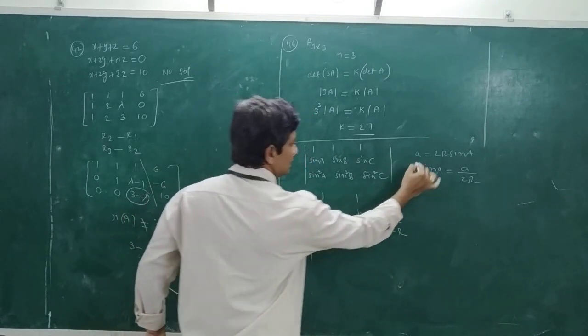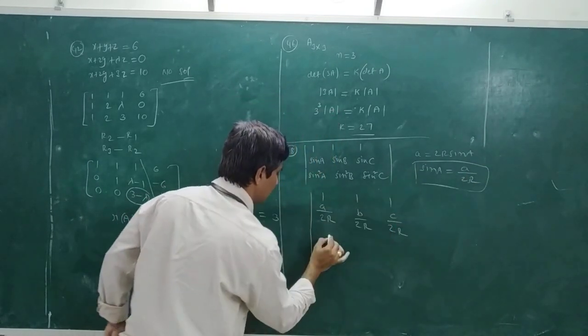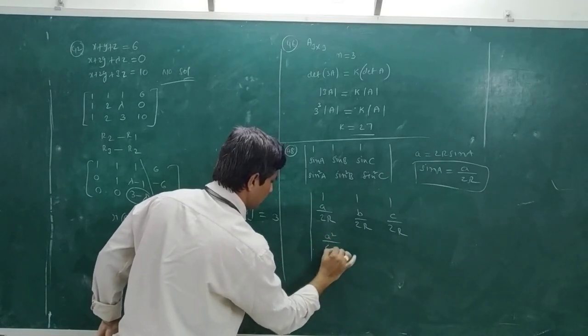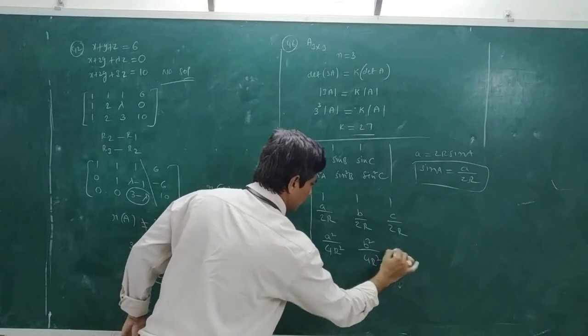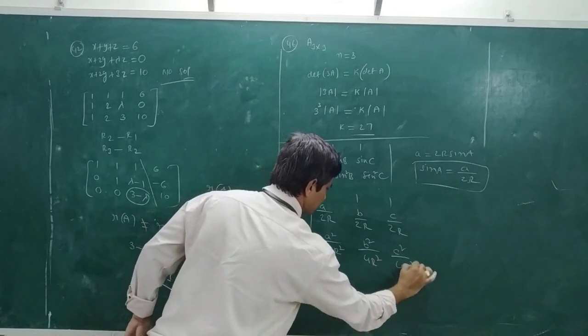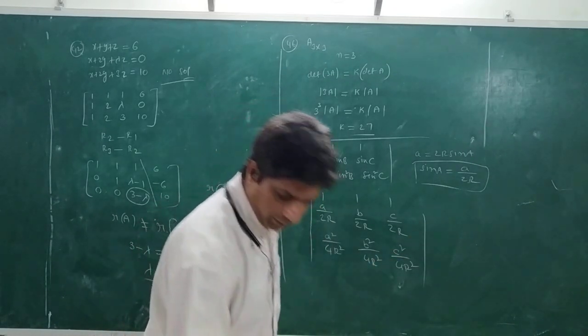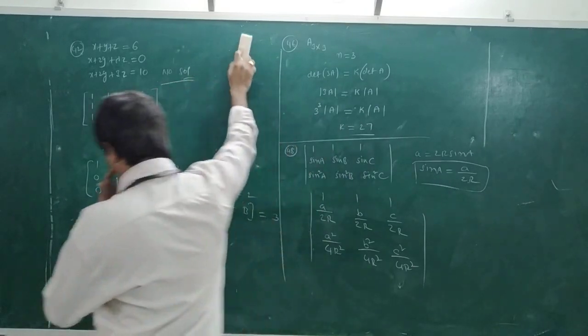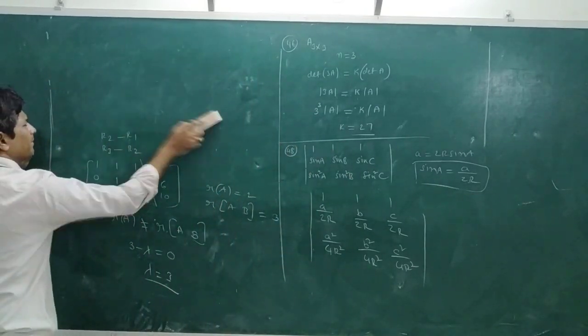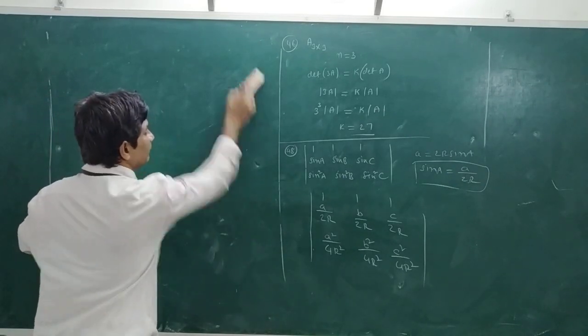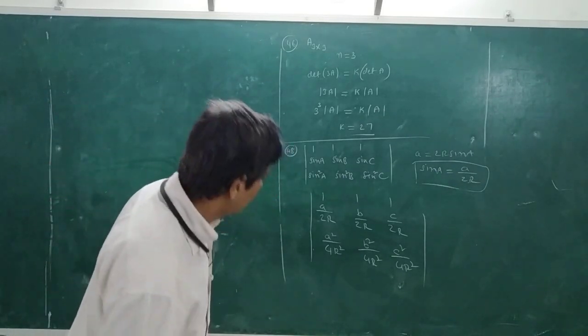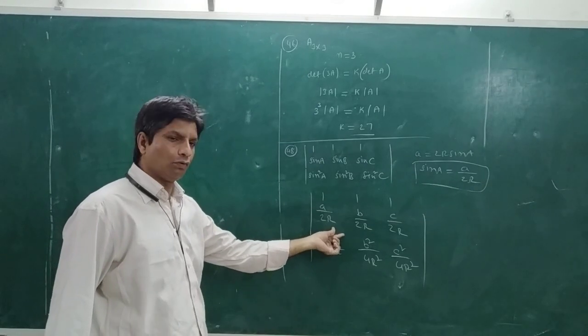Sin square A. Sin A is already a by 2r. Sin square A means what? a square by 4r square, b square by 4r square, c square by what? 4r square. Now, from the second row, 1 by 2r gets common.